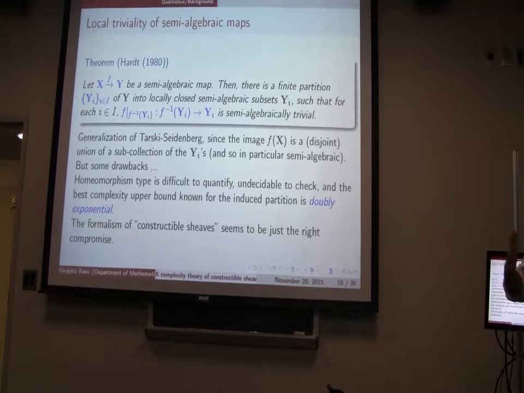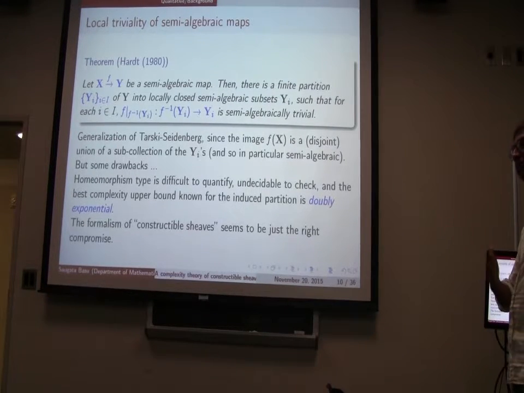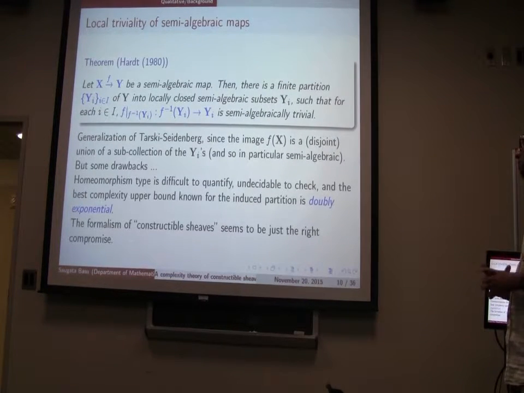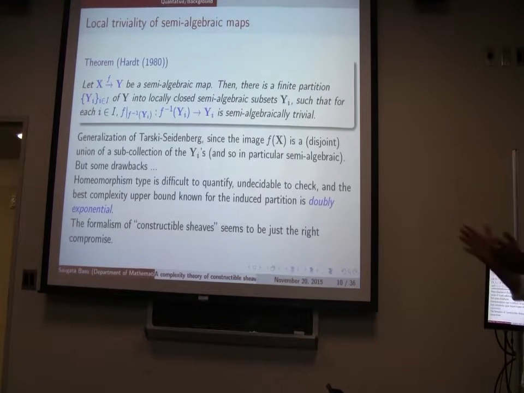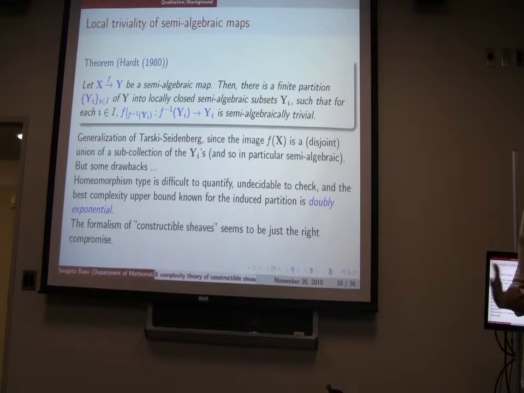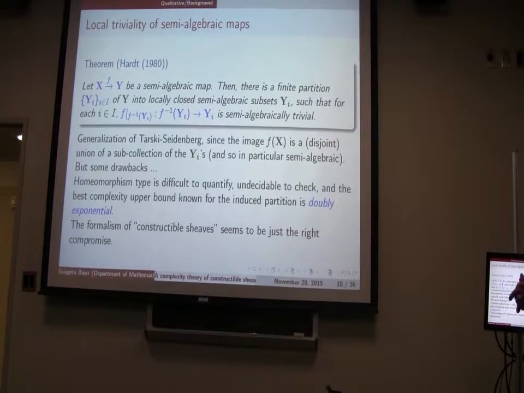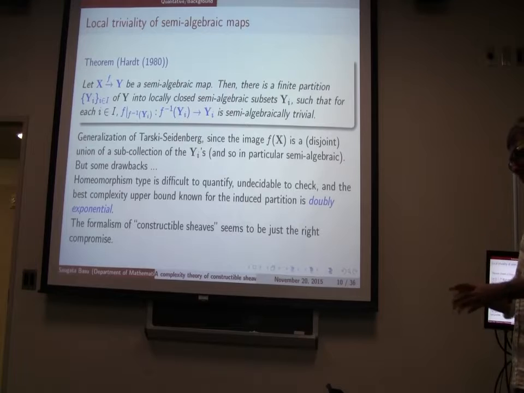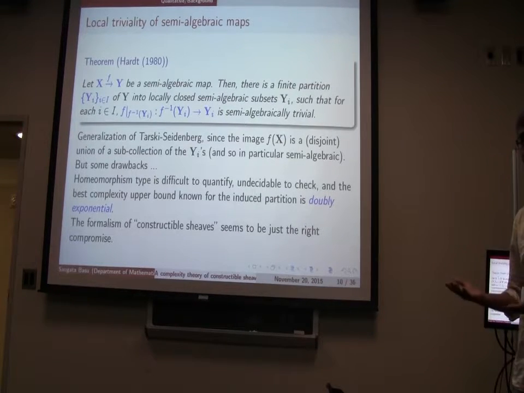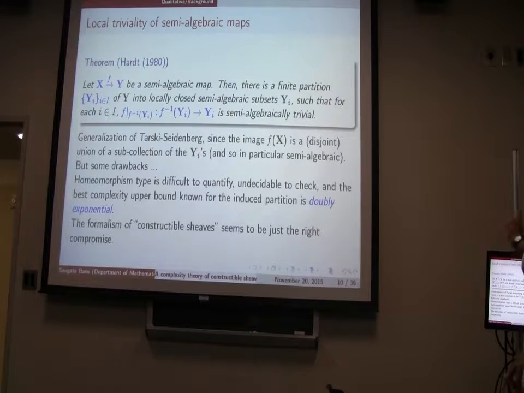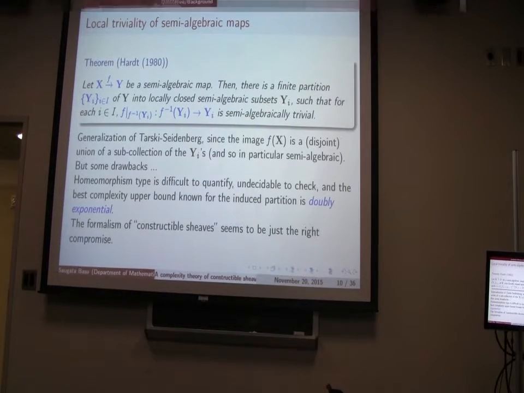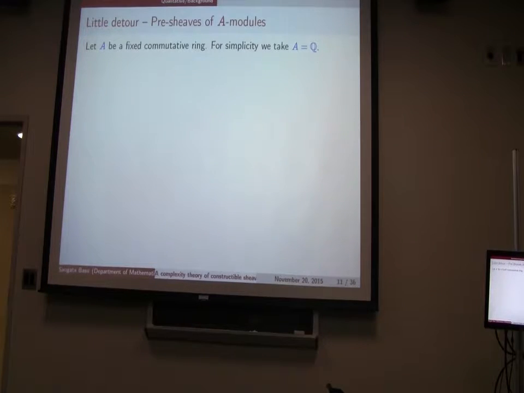So we don't want that partition where the fibers are all homeomorphic, but a weaker equivalence relation, which would imply, for example, that over a fixed element of the partition, the fibers have isomorphic homology groups. So I'll define to some extent what constructible sheaves are, but that's one of the motivations for it.